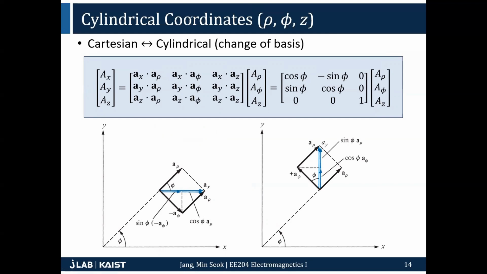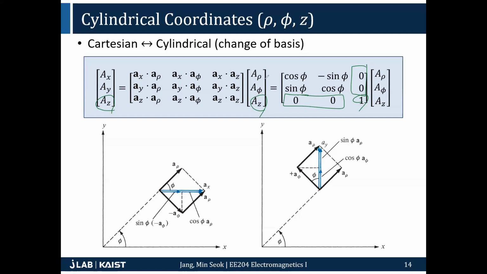So let's look at it a little more carefully. The z coordinates are just shared, right? So it's just one. a_z is equal to a_z. And because z is perpendicular to rho and phi, the other entries are all 0, right? So that's trivial.